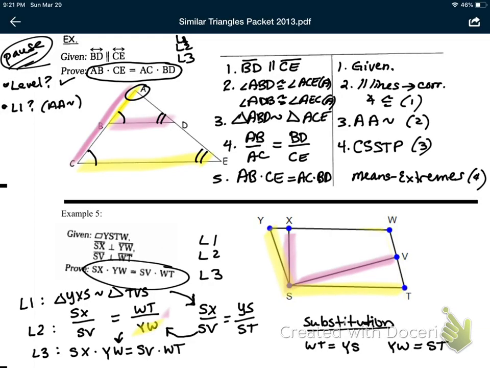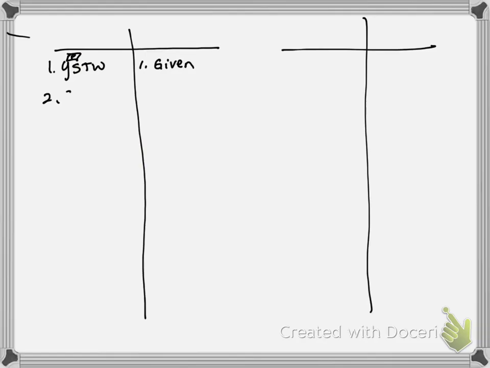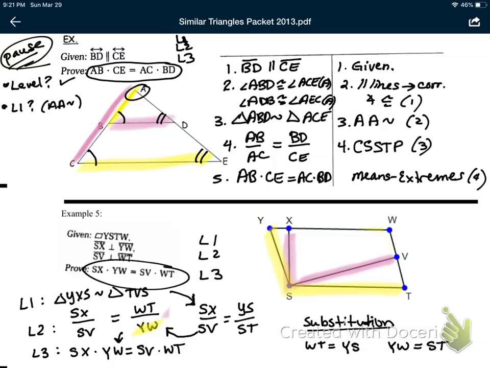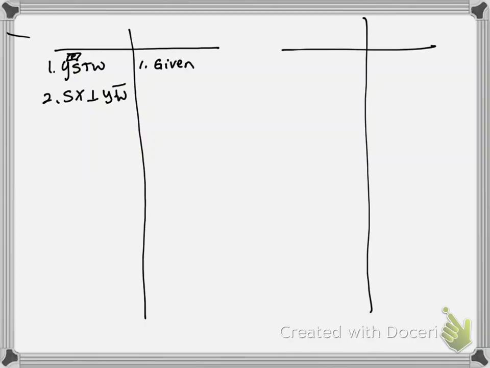We're so involved in that, we didn't even discuss how we're going to get to AA, but let's get our givens down. SX perpendicular to YW and SV perpendicular to WT.